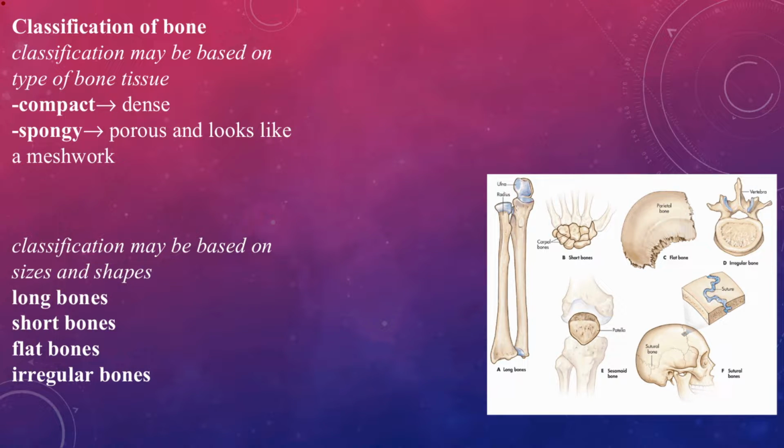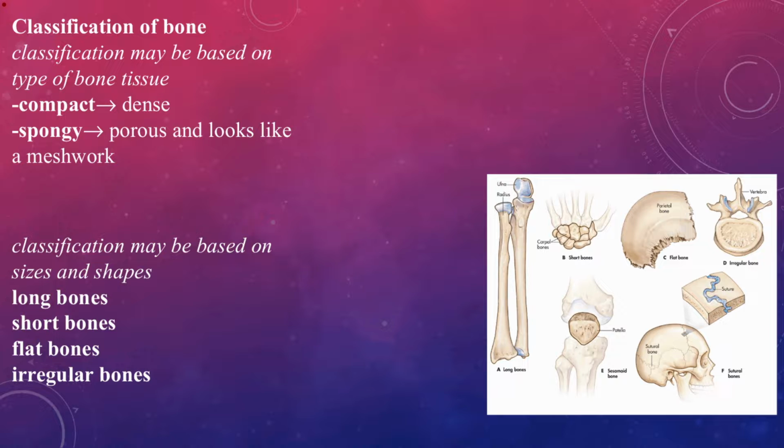How are we classifying bone? Two ways. We classify bone based on shape, and then we classify bone based on the type of bony tissue. So shape and size and the type of tissue. When we think about the type of bony tissue, we have compact bone and spongy bone. Compact bone is very well organized and dense.